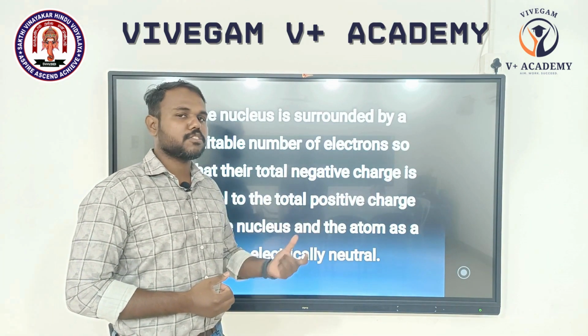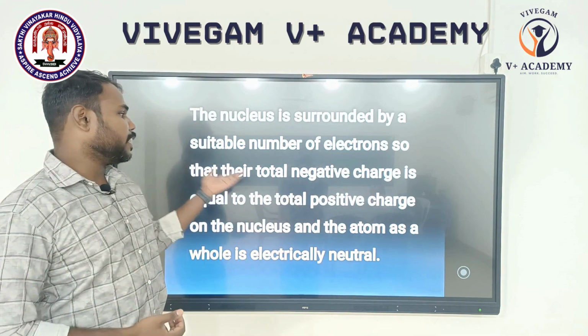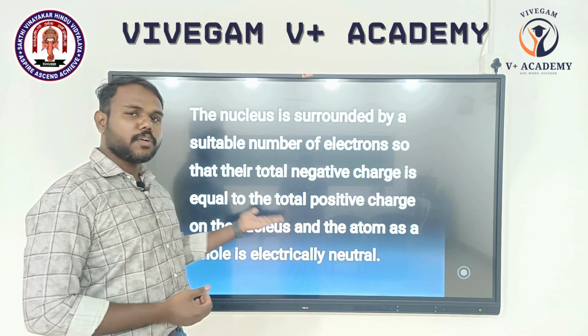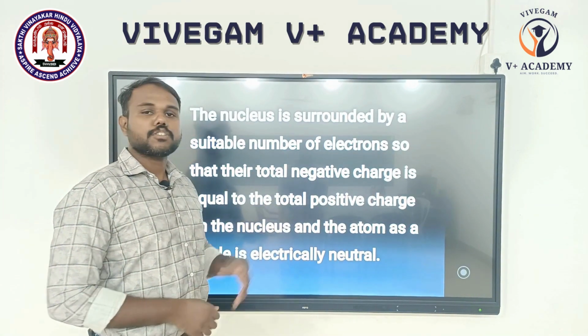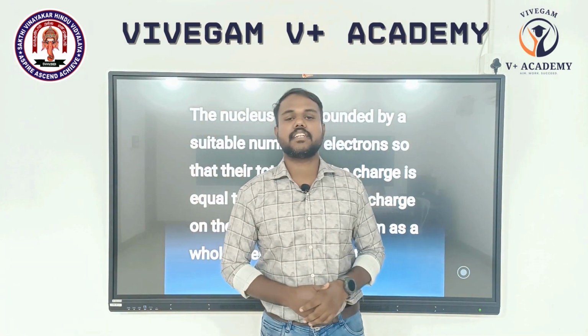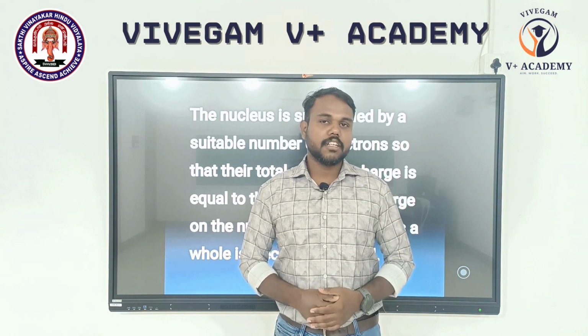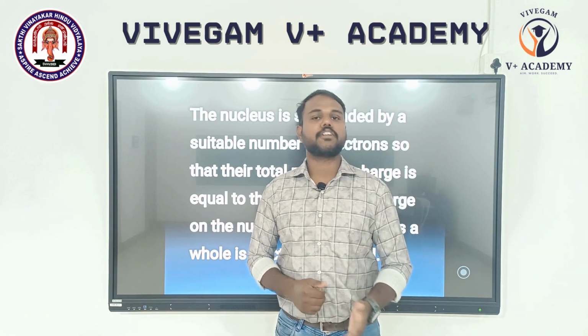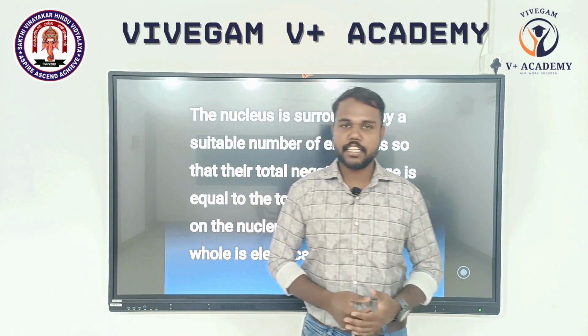The number of electrons should always equal the number of protons, so that their total negative charge is equal to the total positive charge of the nucleus. So the whole atom is electrically neutral. Suppose an atom holds 24 electrons, then it will hold 24 protons inside the nucleus. That's why the atom becomes electrically neutral.